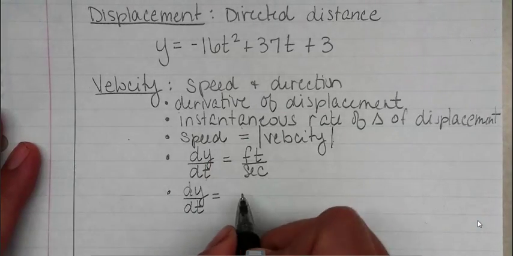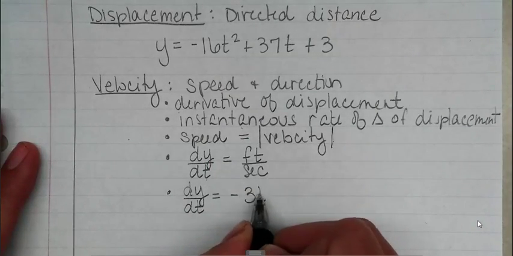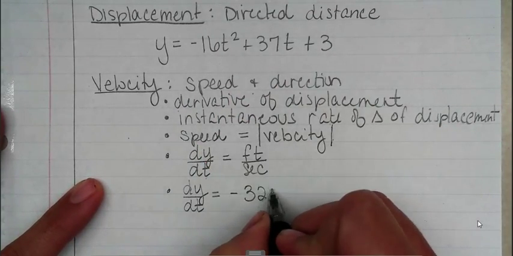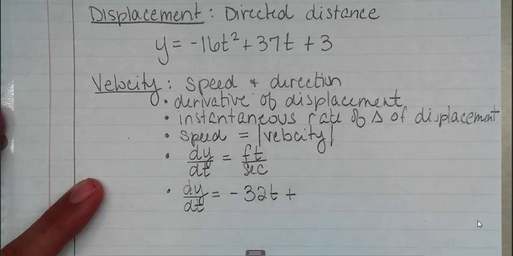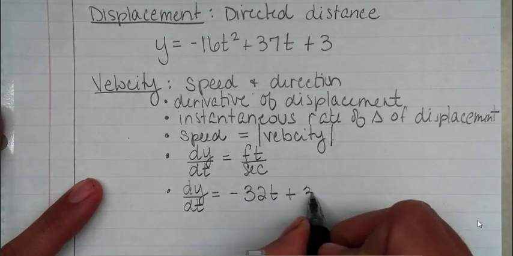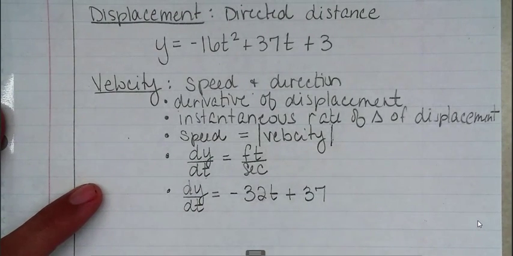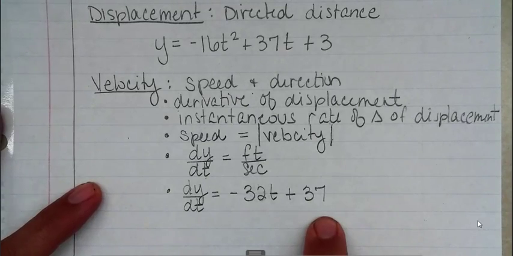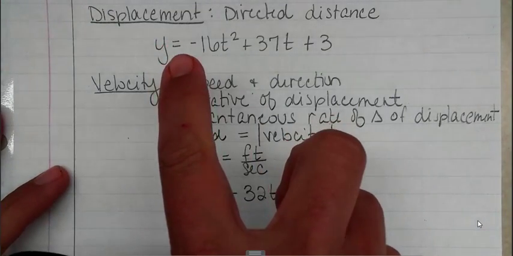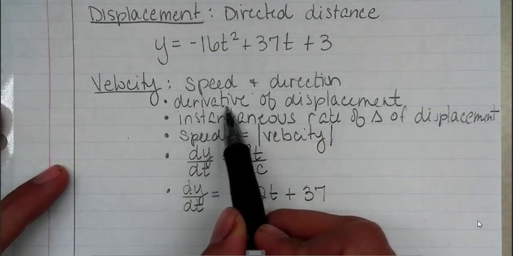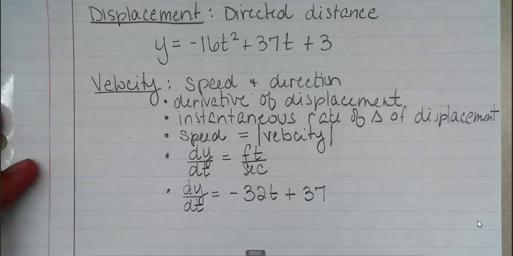I'm going to end up with negative 32t plus, and then I'm going to take the derivative of the second piece, which is just going to be 37. Okay, and this is the same thing as velocity. So when we take the derivative of displacement, we get velocity. So the derivative of displacement equals velocity.